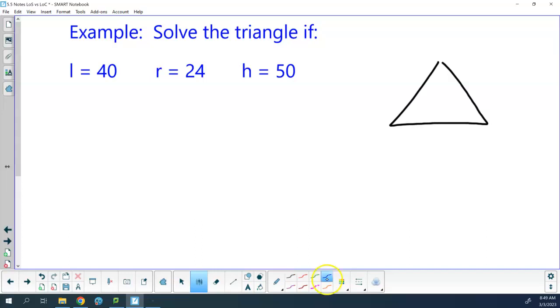So if I put 40 here, that means that is angle L. If I put 24 here, that means that this is angle R. And if I put 50 here, or anywhere, that means that that's angle H. Does it matter where they go? Heck no.